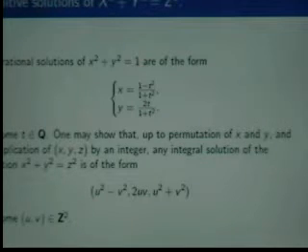And you can prove quite easily that, up to permutation of x and y and multiplication of the triples by an integer, you get in that way all the integral solutions of the equation.